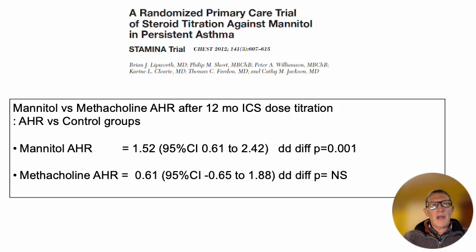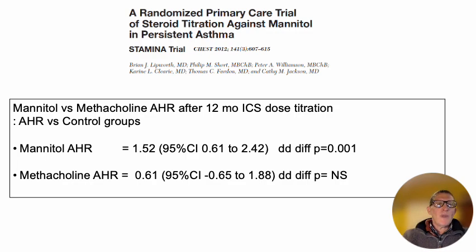One got the dose of inhaled steroid titrated against airway hyperresponsiveness with mannitol, and the other group was a control group which got their ICS dose titrated against BTS guidelines, so symptoms, reliever use, lung function. What this shows is the doubling dose difference in either mannitol or methacholine, because we measured methacholine at the same time out of interest, comparing baseline to endpoint at 12 months after ICS dose titration.